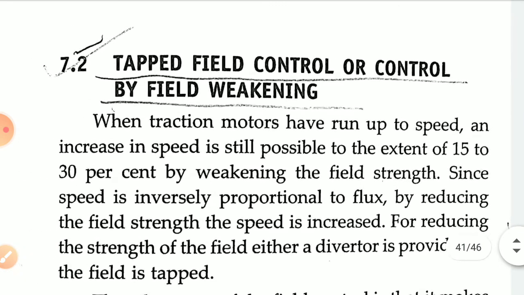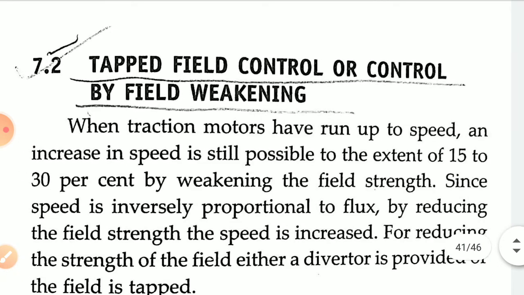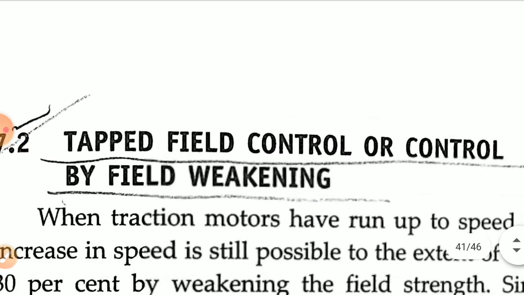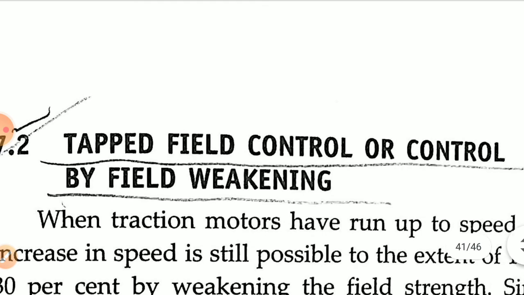We have the tapped field control method, or control by field weakening. The first method of controlling these motors is tapped field or field weakening. When the traction motors have run up to speed, an increase in speed is still possible, up to 15 to 30%, by weakening the field strength.